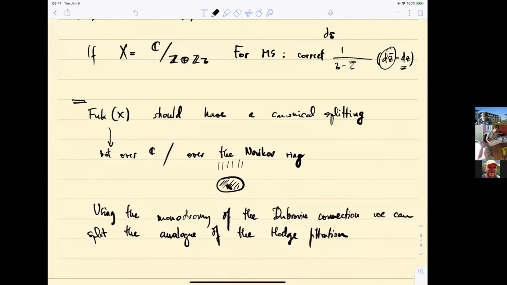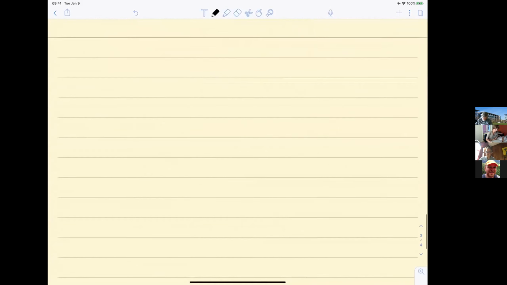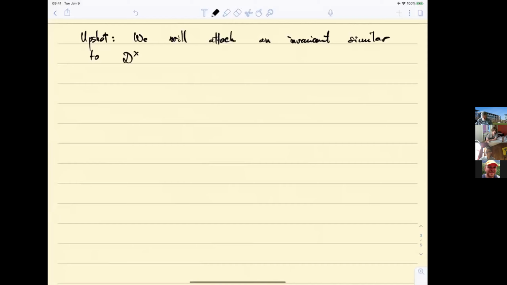So the whole moral of this thing is the following, that the upshot is that we will attach an invariant similar to dx to a Calabi-Yau category C. And to be very precise, I will want it to be smooth and proper.